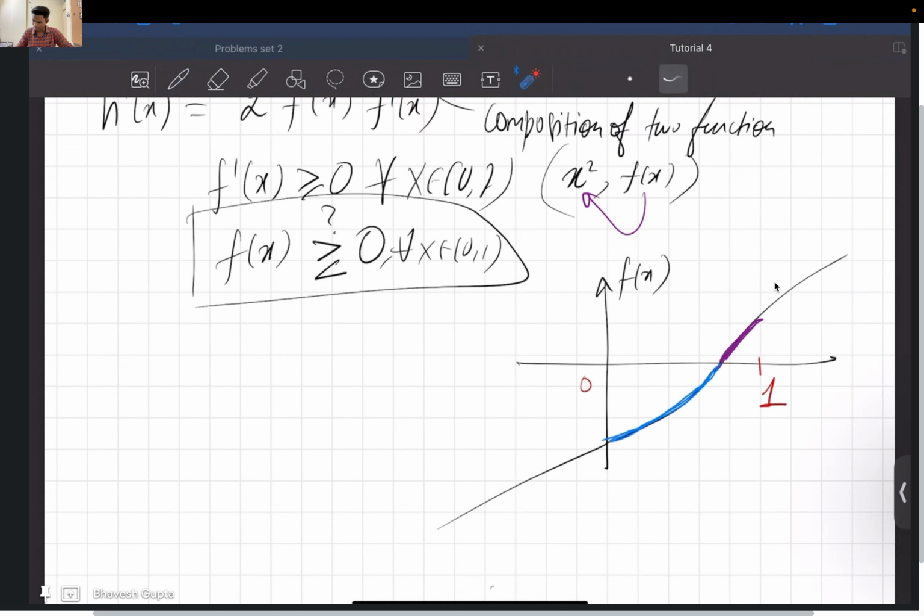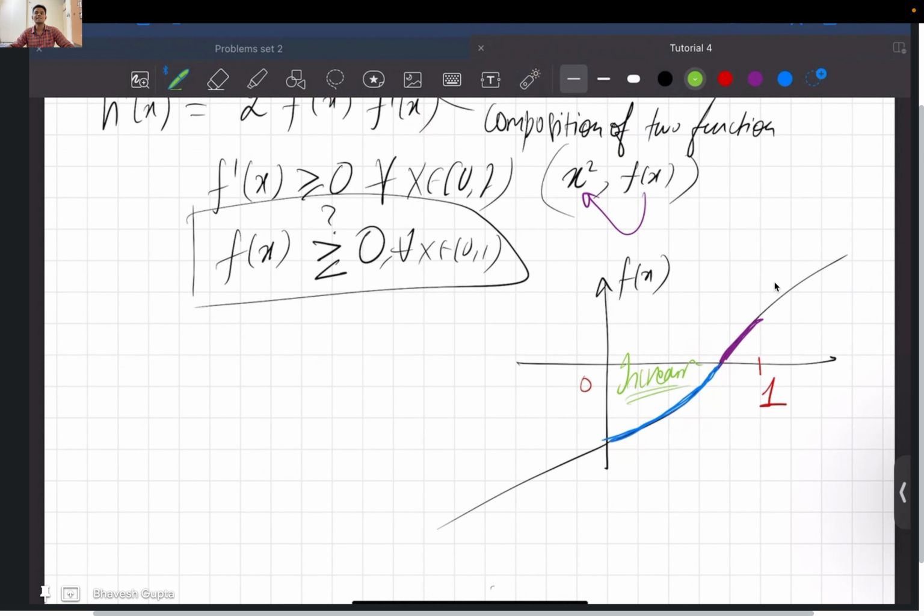So f of x can have both signs, right? But the key idea is it is still an increasing function.